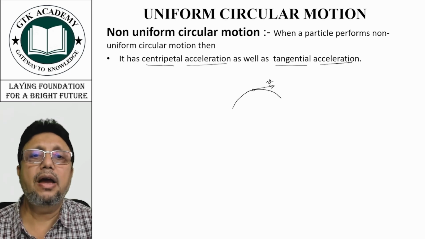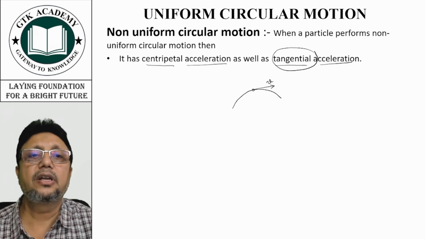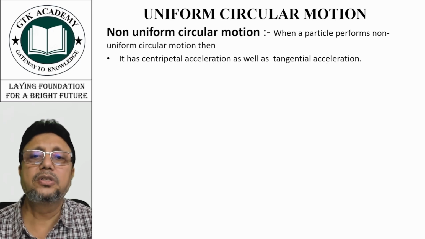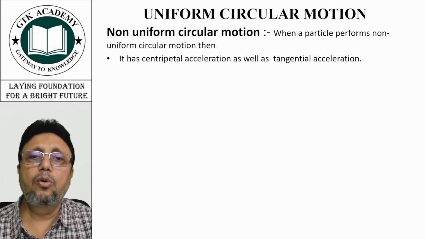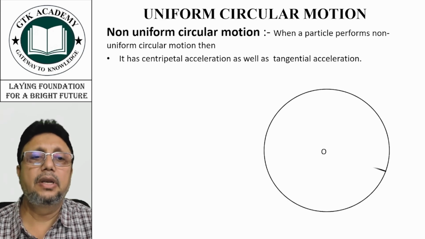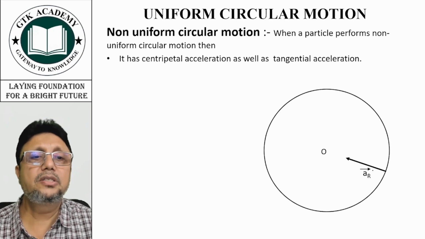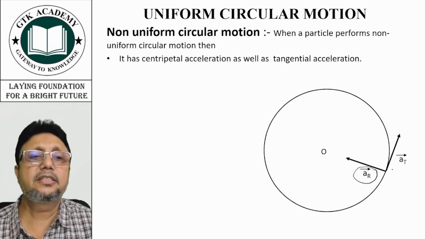So you have to have one component of acceleration in tangential direction, and one has to be towards center because it is performing circular motion. So this is the acceleration towards center, radial acceleration we can say, right? And this is the tangential acceleration, radial acceleration along the radius and tangential acceleration.